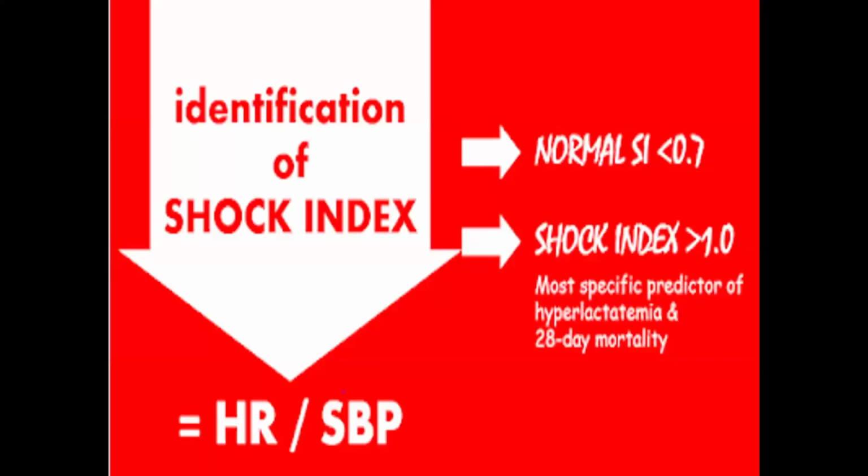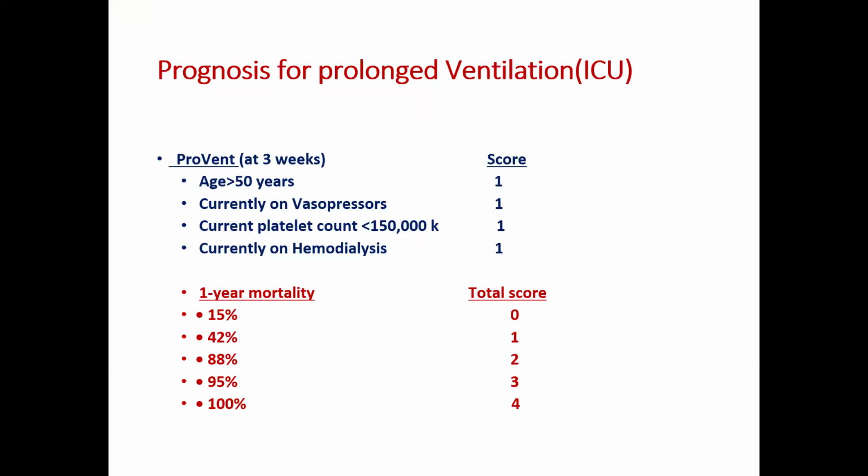Okay, shock index. A normal shock index is less than 0.7, and shock index above 1 is a predictor of hyperlactatemia and 28-day mortality. So what is shock index? It is heart rate divided by systolic blood pressure. PROVENT, basically, this depends on age and whether you're currently on vasopressors.